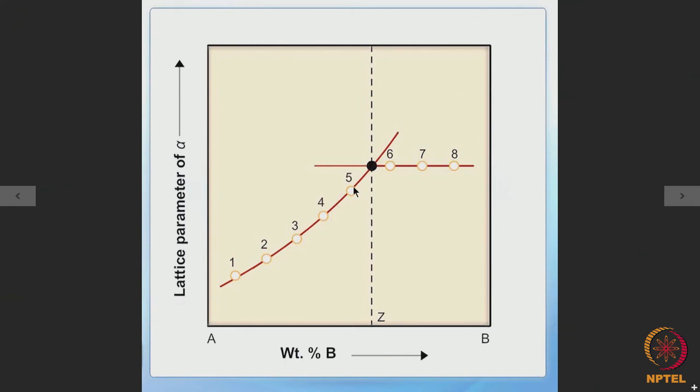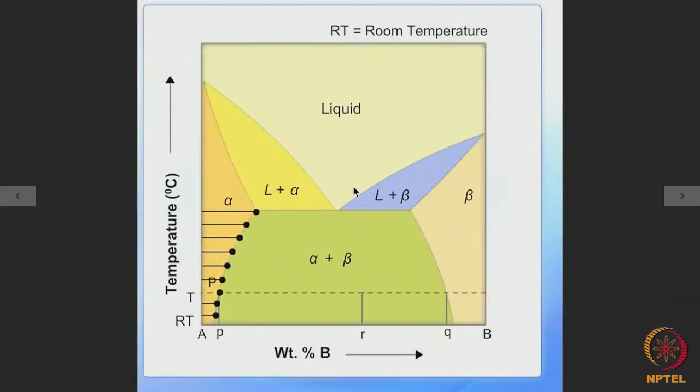Again, if we go back to this diagram and take alloys on this side, it will be alpha and beta. But remember, at this temperature, the alpha lattice parameter is fixed given by this, and the beta lattice parameter is fixed given by this. So, if we make a number of alloys and measure the lattice parameter of alpha for each one of those alloys and plot them and extrapolate them.